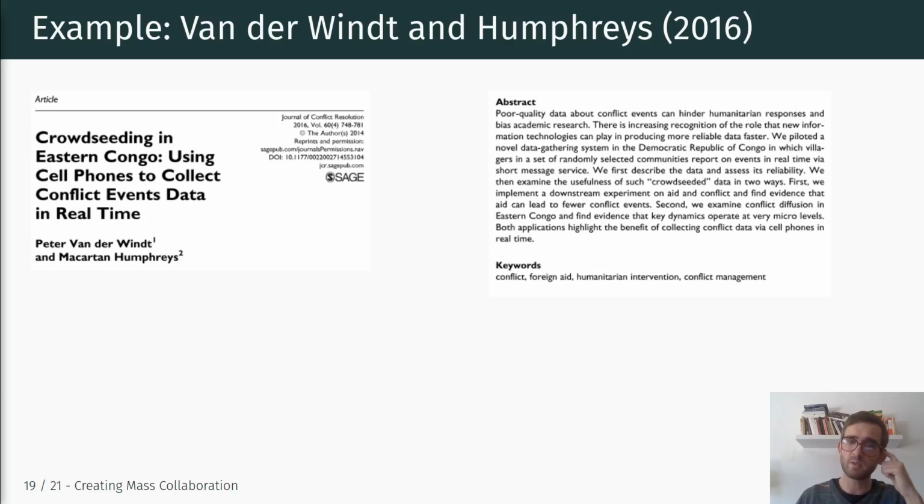So this is one example where distributed data collection allows collecting detailed data on something like conflicts on a much larger scale, regionally dispersed across a wide array of villages, for example, that would be impossible for the researchers to cover alone. And we'll talk about that in our Q&A session.